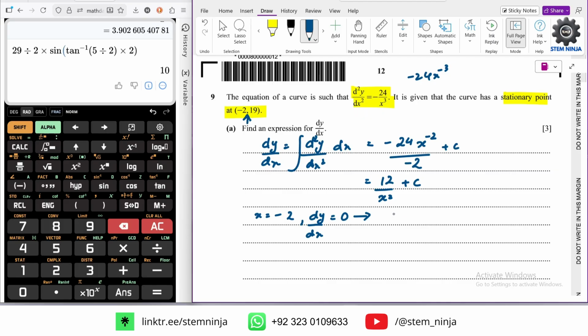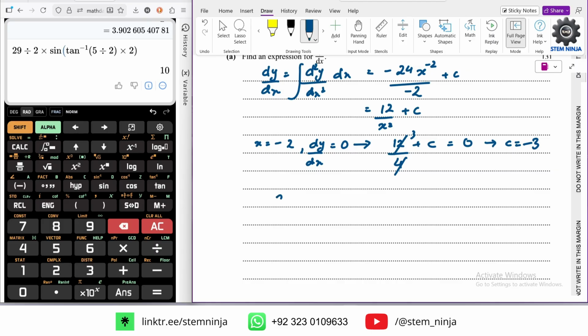So this becomes 12 over minus 2 squared, 4, plus c equal to 0. 4 times 3. So c is therefore minus 3. So therefore the dy by dx would be 12 over x squared minus 3.